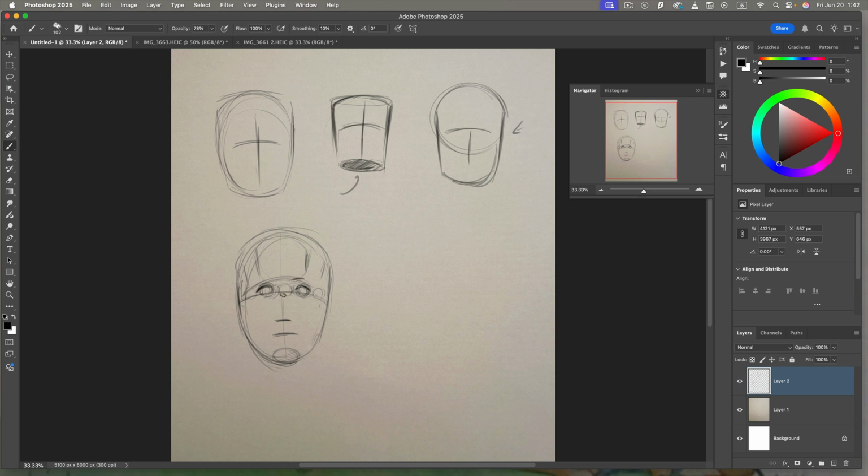In terms of the nose, it's the bottom of the nose here, nose here like that, and then for the mouth, you can put the lips here like this.